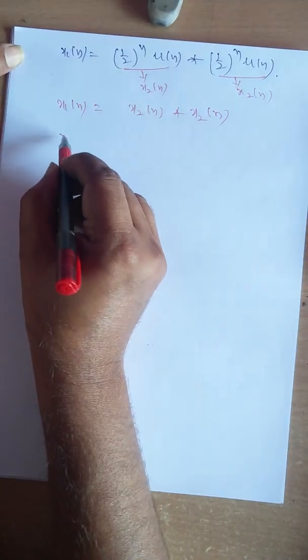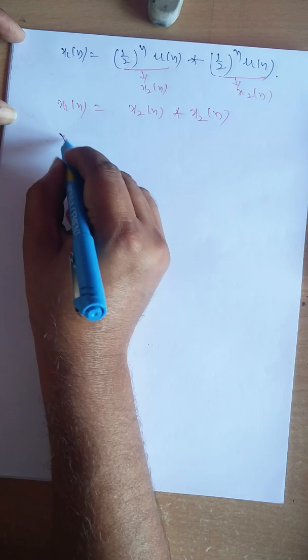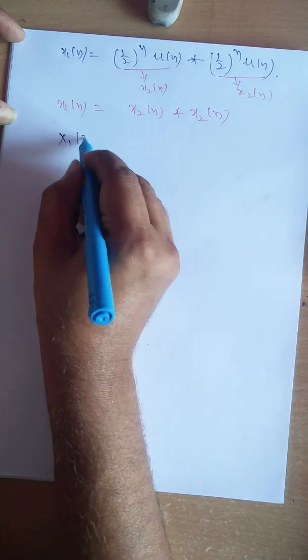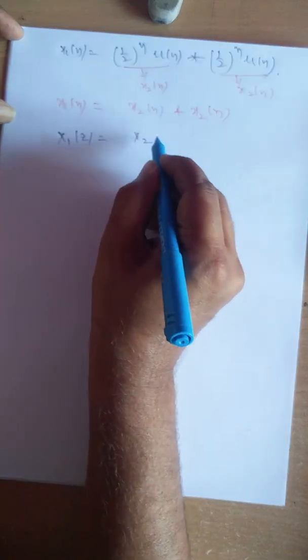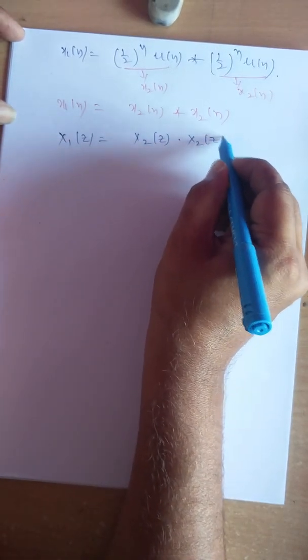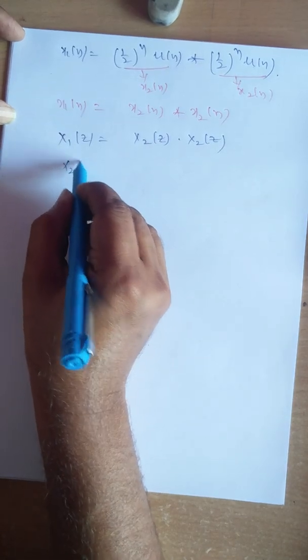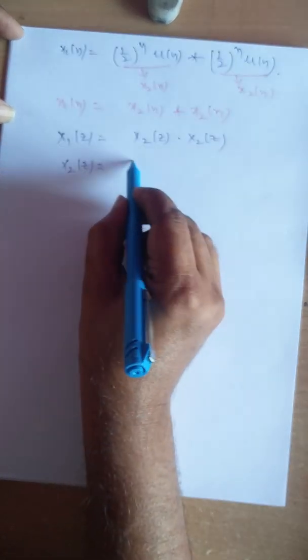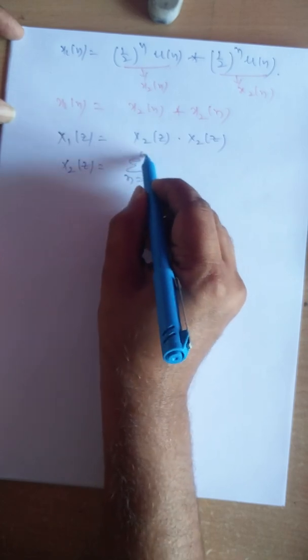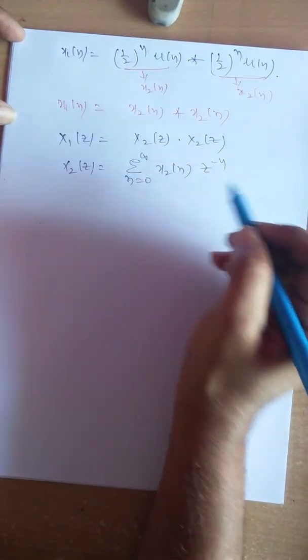Then, using the convolution property, x1 of z is equal to x2 of z into x2 of z. What is x2 of z here? x2 of z is the summation of n from 0 to infinity of x2 of n into z to the power of minus n.